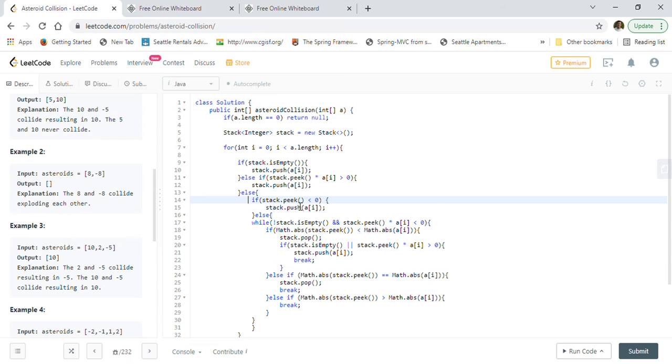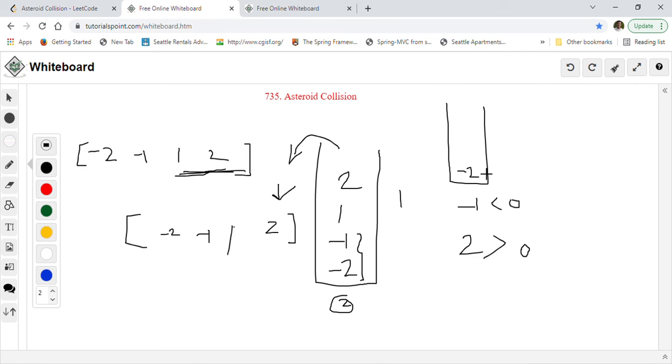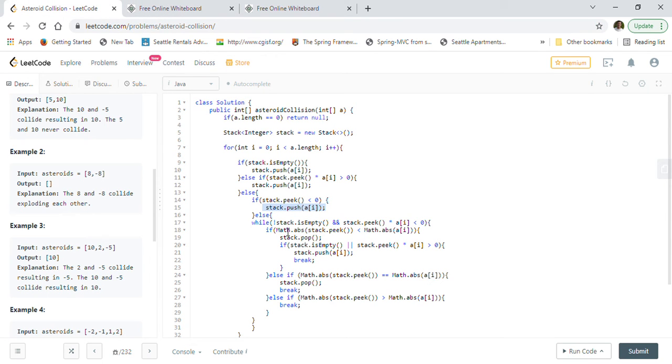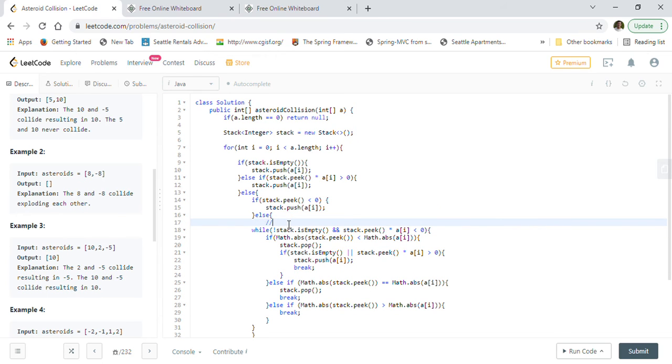We will always pick the top of the stack. If it is less than 0, then we will have to push that into the stack, because the multiplication will come as positive, right?